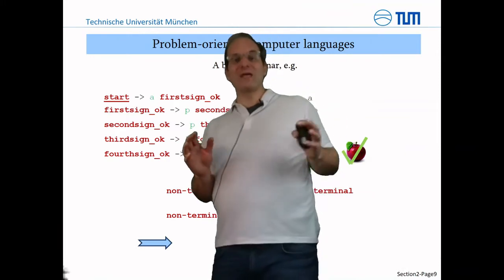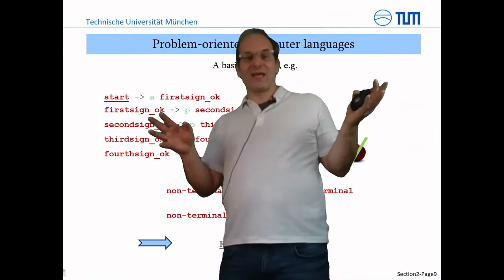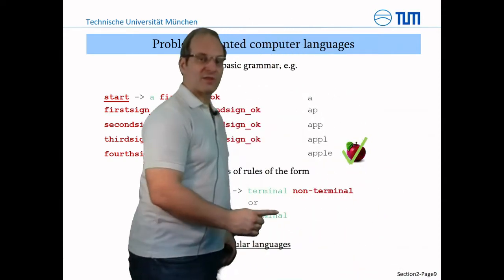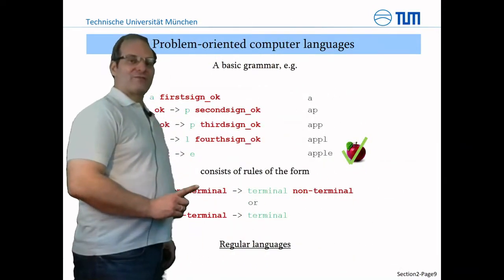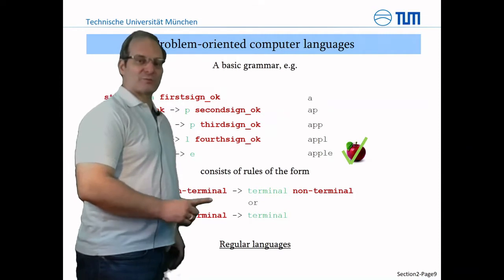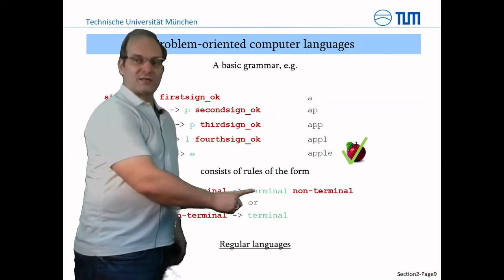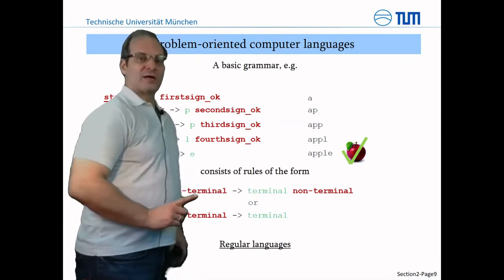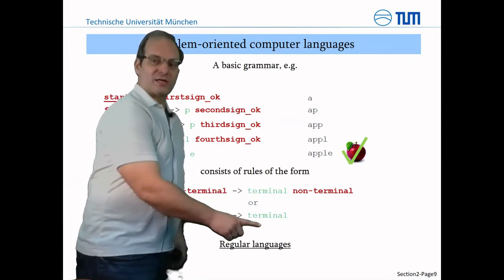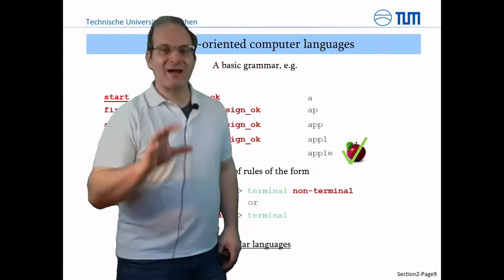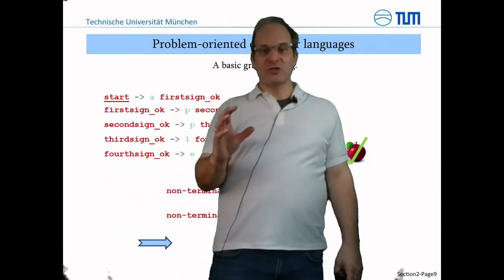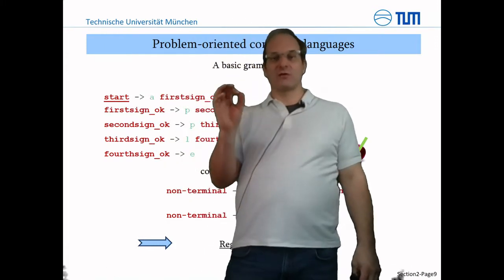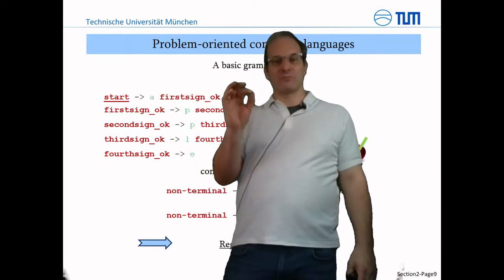So what do we have then here? It's a simple rule set which you can find here. If you have the situation that you replace a non-terminal with a terminal and a non-terminal, or a non-terminal with a terminal, then you have the language which is called a regular language.